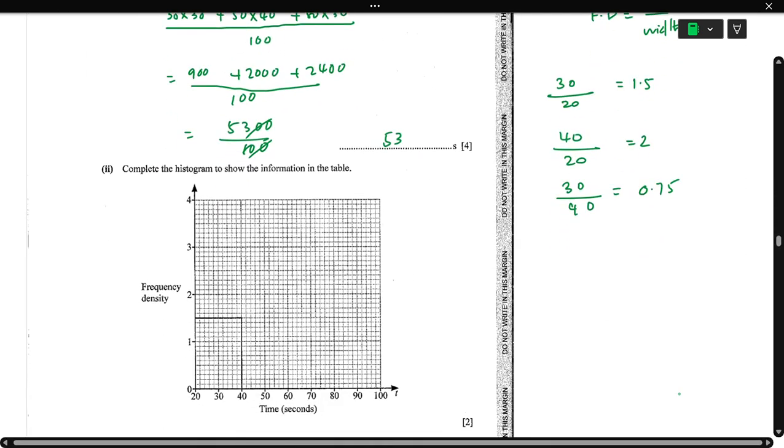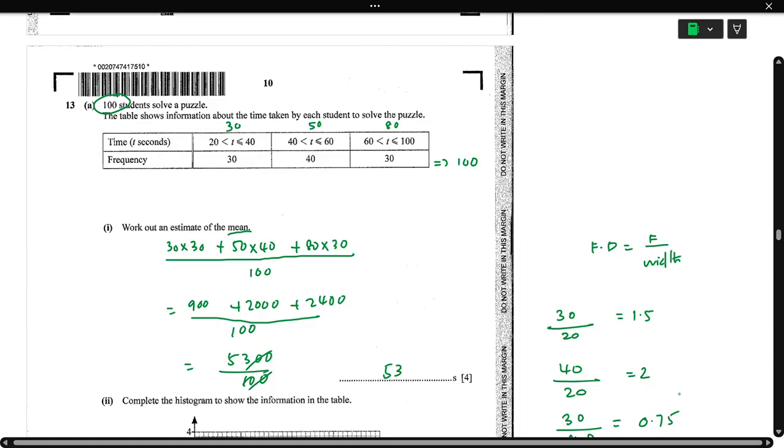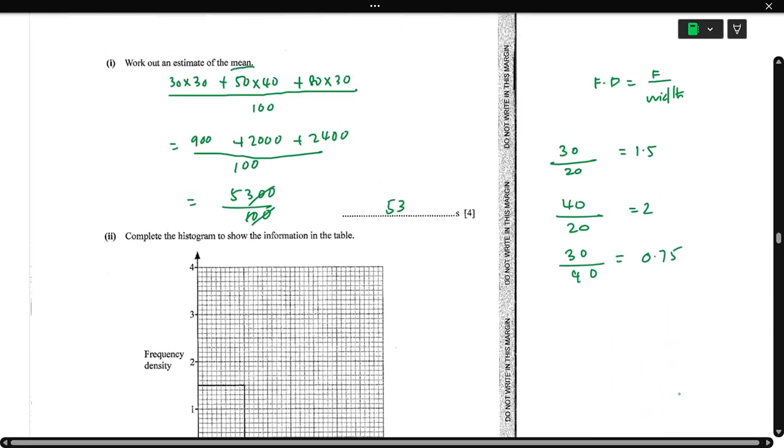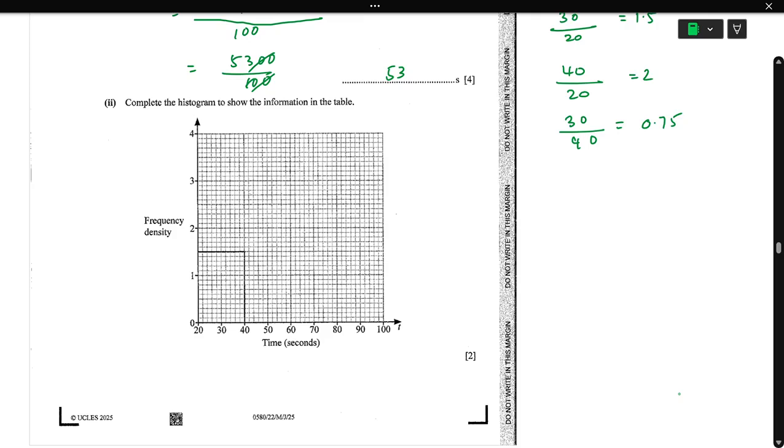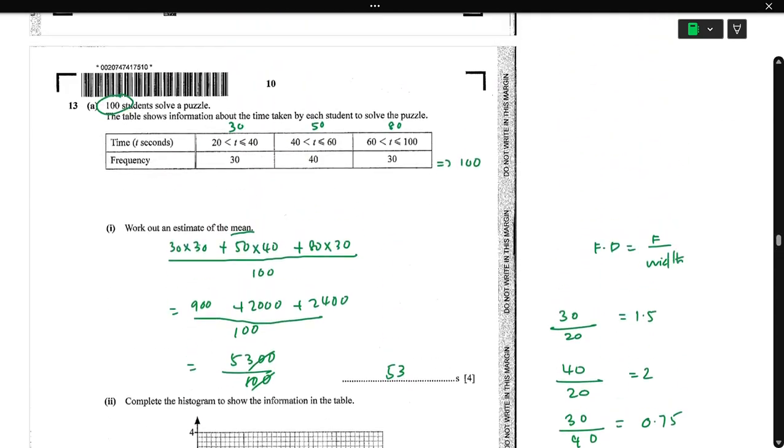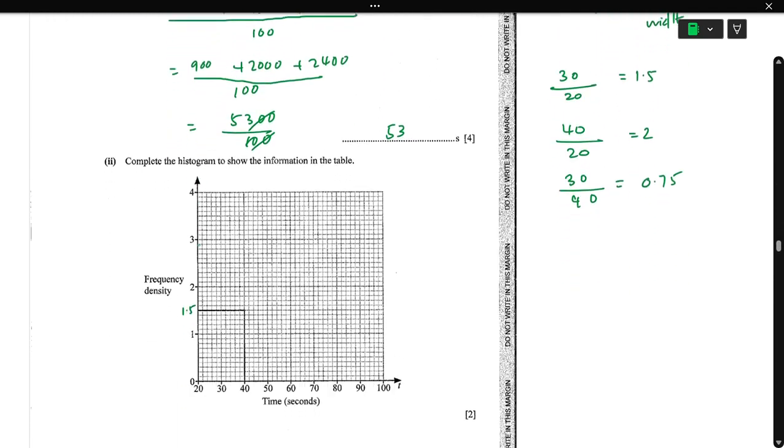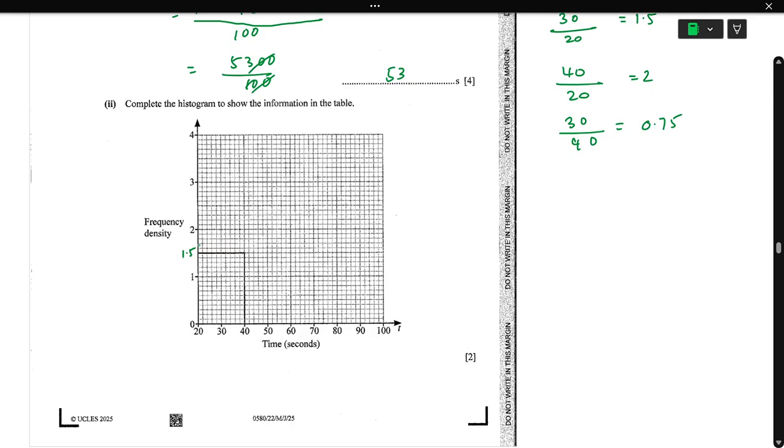The first one is 0.5, what is the width, 20 to 40. 20 to 40 is 1.5, which is given already. Next one, 40 to 60 is going to be 2. So here to here, just wait to draw. So draw here and draw here. It's done.